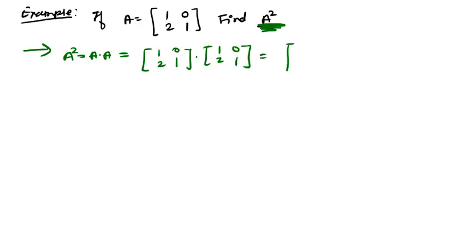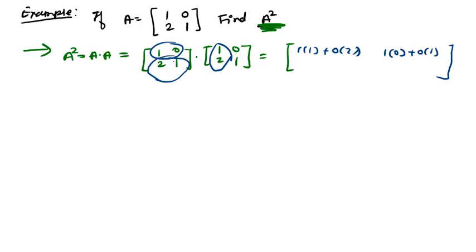First row, first column: 1 into 1 plus 0 into 2. First row, second column: 1 into 0 plus 0 into 1. Second row and first column: 2 into 1 plus 1 into 2. Then 2 into 0 plus 1 into 1.